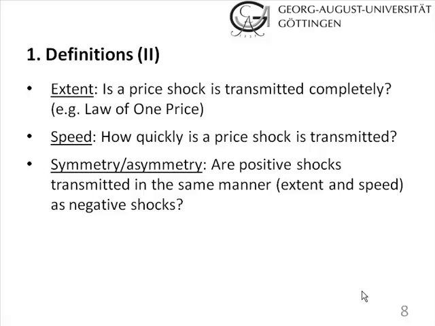Beside the extent and the speed, a topic that is raised quite often is the question of the symmetry or asymmetry of price transmission, and there will be a more detailed presentation on this later today. Okay. The issue here is whether increasing shocks are transmitted the same as decreasing shocks.